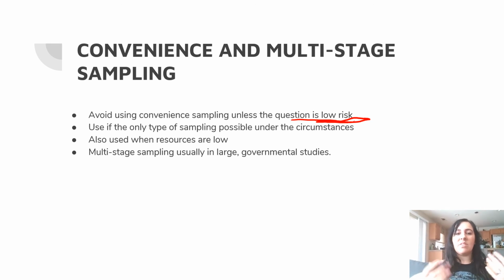So yes, using multi-stage sampling to narrow things down so that you have a smaller sample size to collect data from works so much easier. That's how you can come from a gigantic population down to a really small sample size.